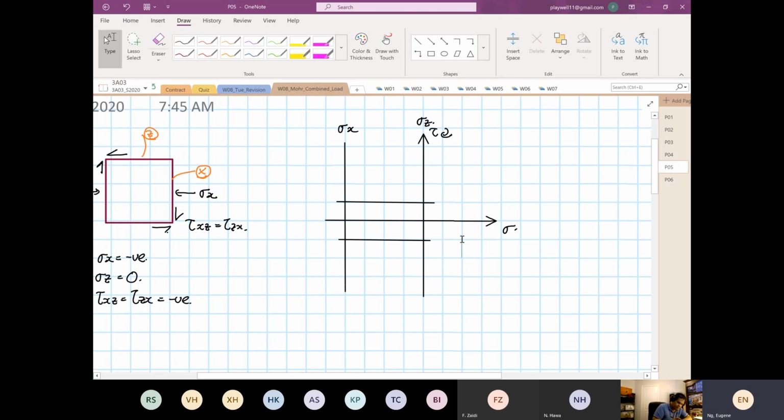Then from here, point X, right? The element is going to rotate in which direction? Fix this point. The element based on this shear arrow is going in a clockwise direction. Okay, so this is X, and Z, based on this arrow on Z, is going anti-clockwise. So this is Z. So this is your Mohr circle.